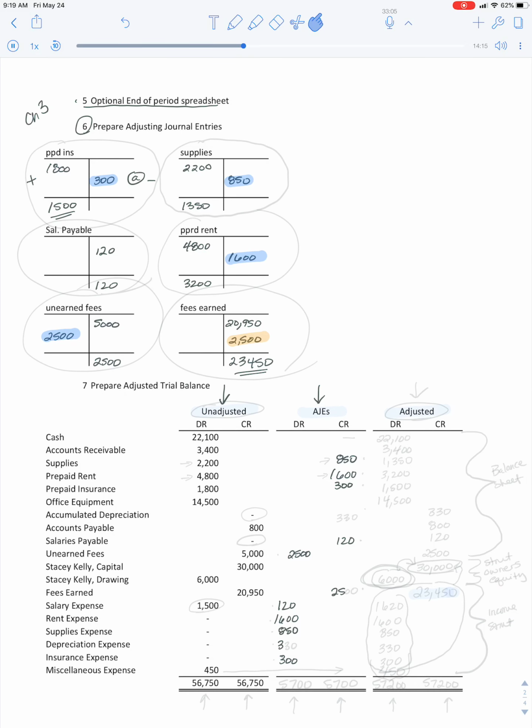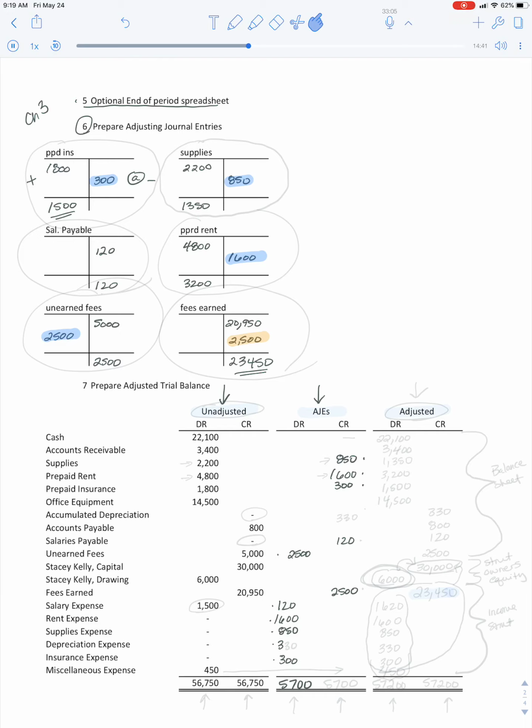Okay, so now we've got all 6 of our adjusting entries in here. And so we need to make sure that we balance. So you're going to total up all of your debits, which total up to $5,700. And then you're going to total all of your credits, which total $5,700.